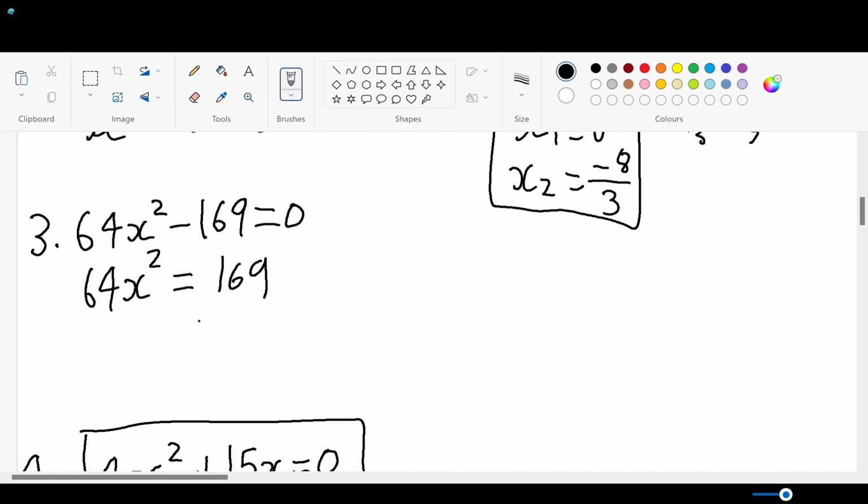Then you're trying to isolate x here, obviously. So you would square root both sides. Then you're left with 8x is equal to 13. You can divide by 8 on both sides.